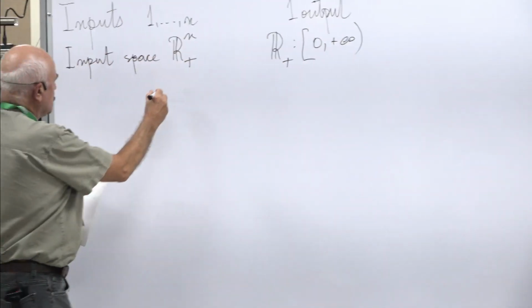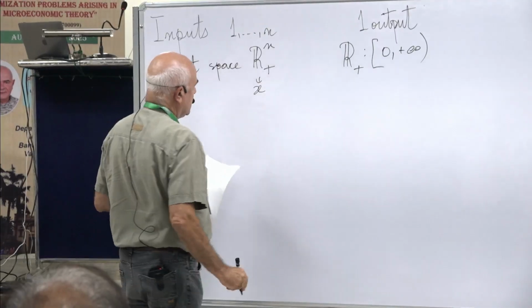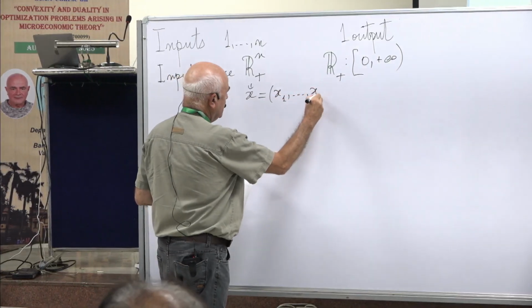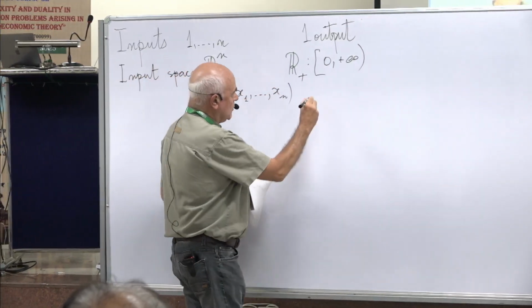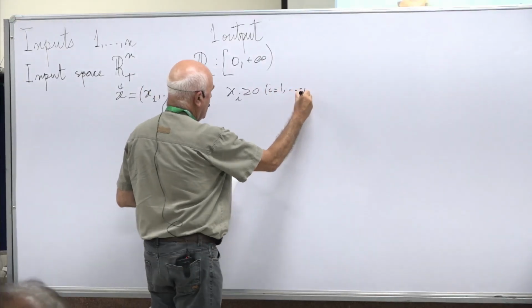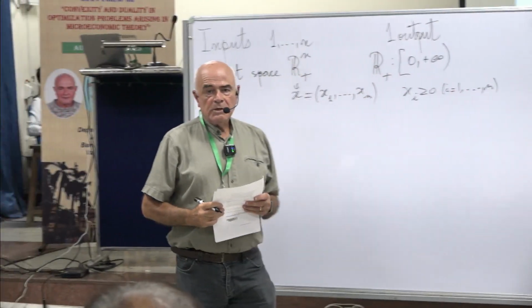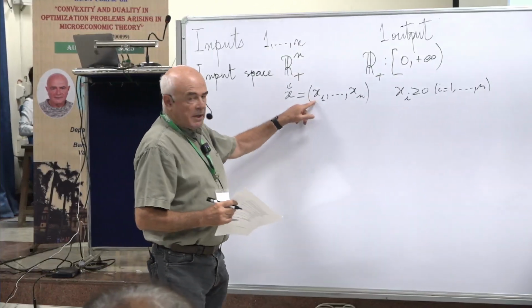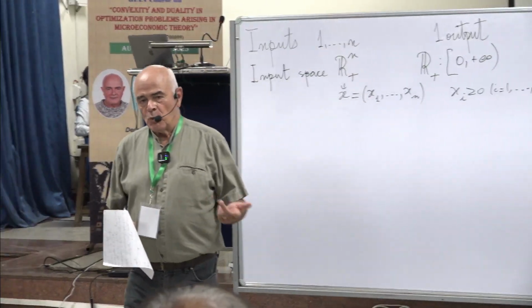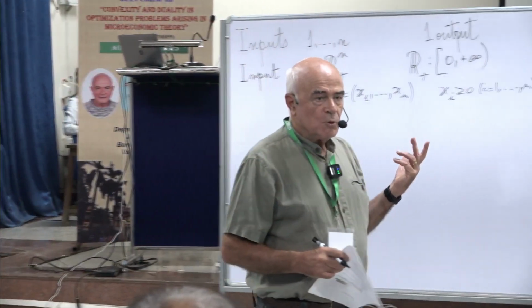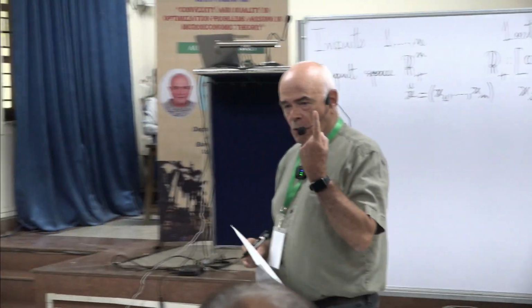Okay, so a vector in R plus to the n is a vector with components x1 to xn, all of them non-negative, which mean the amount of each input that is used in production. We are using x1 units of input 1, x2 units of input 2, etc. And with these inputs, we produce some amount of one output.